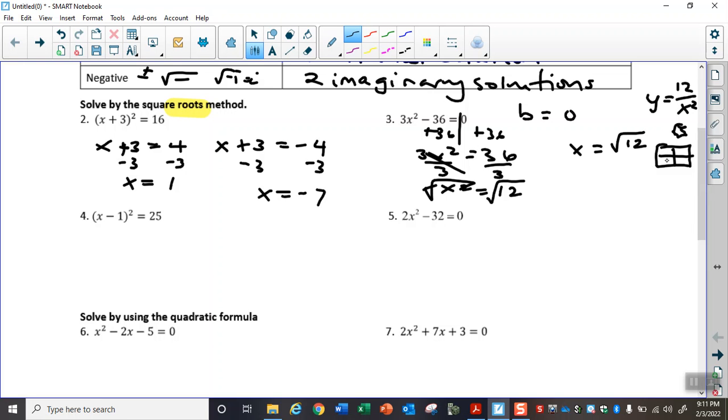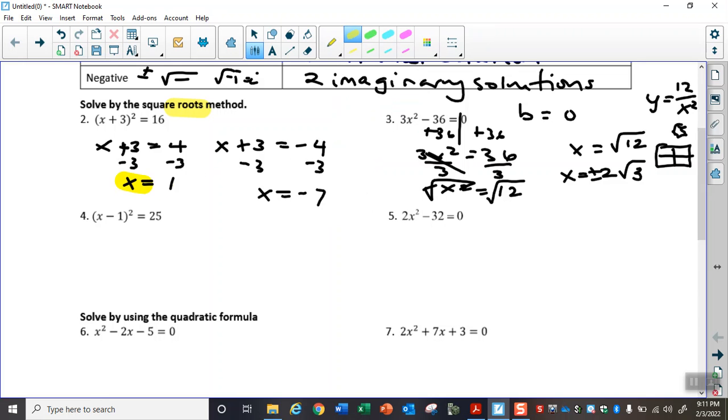Then when I get 2, the next one would be 2 and a 3. And then I get decimals. So the 2 comes out and the 3 stays underneath. And it's plus or minus 2 radical 3, because you always have 2 solutions.